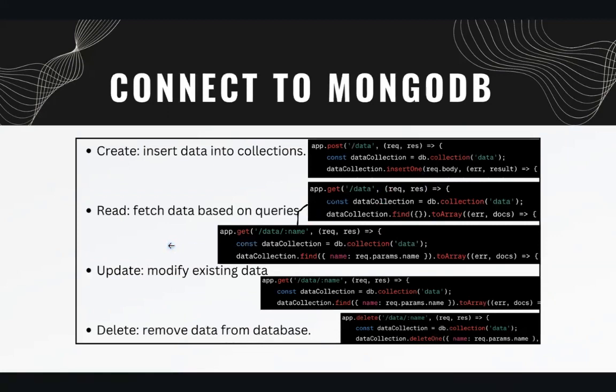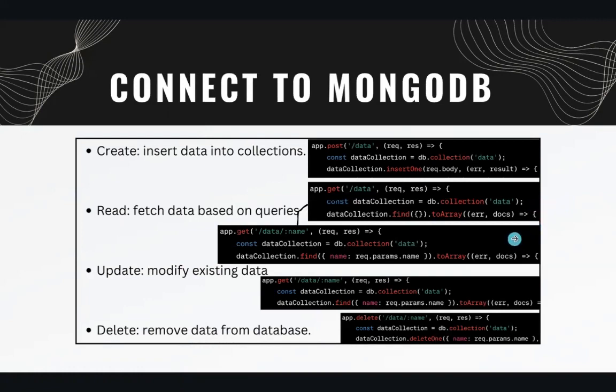Read means fetch data based on queries, and is done by defining a get method, as shown here. In the first piece of code, like this one, we are fetching all records from our database using the find method and converting the result to an array containing all the data in the database.